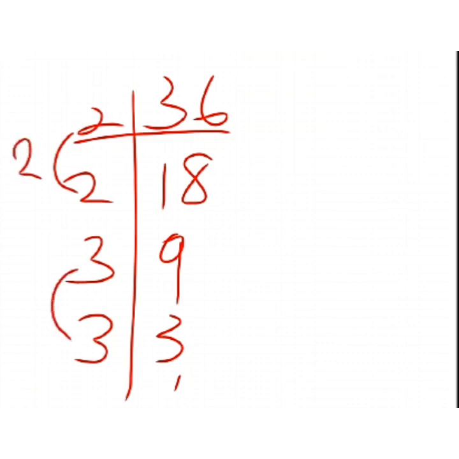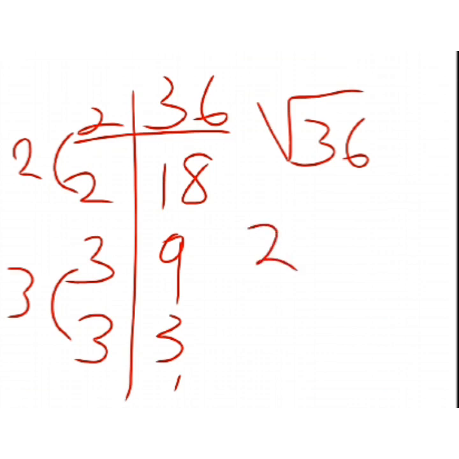Pair the second one and have a representative. So it therefore means the square root of 36 is 2 times 3, which gives us what? 6. Thus, 6 raised to power 2 or 6 times 6 gives us 36. Isn't that simple? Very simple, very interesting, and very exciting.